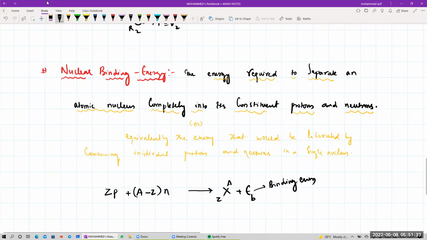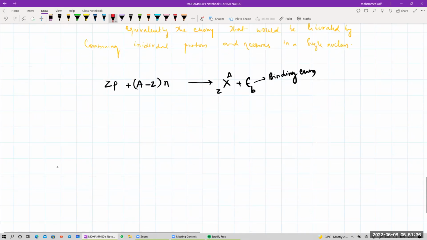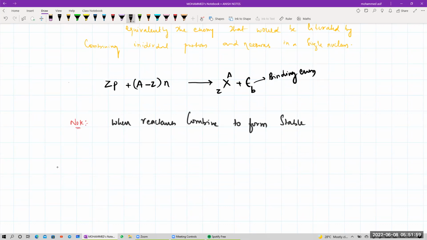So I can keep one small note here right now. When reactants combine to form stable products, there is mass loss.